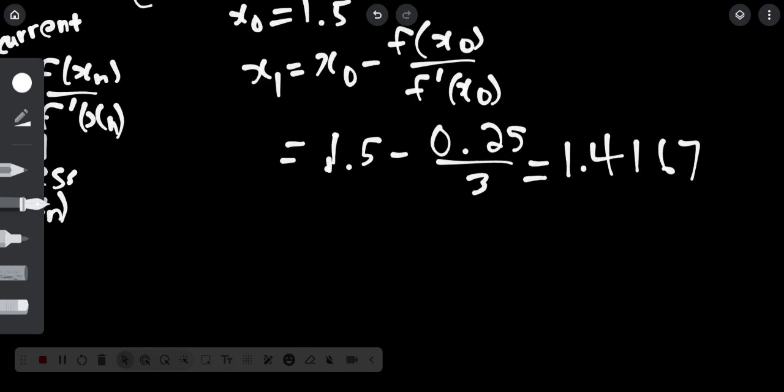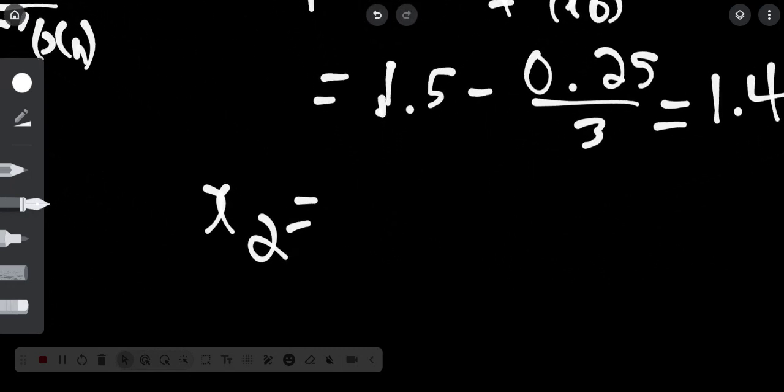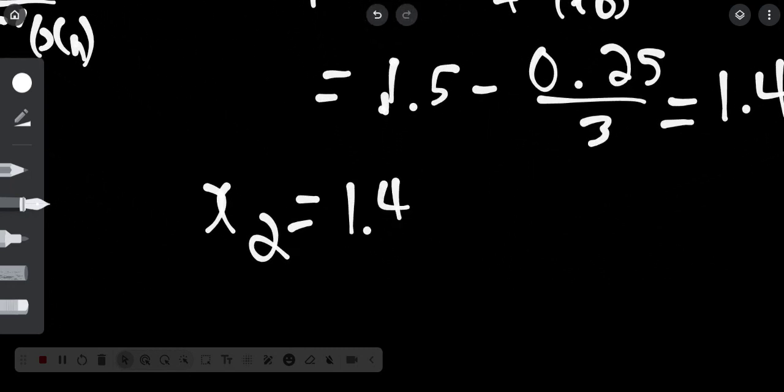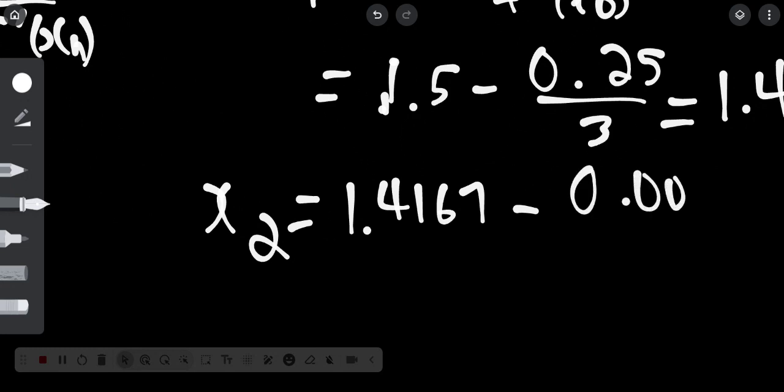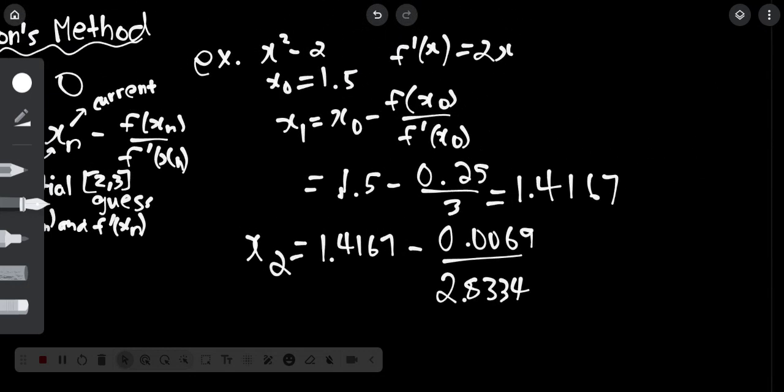So again, you would repeat this process. You would get that x sub 2 is equal to 1.4167 minus f of this number, which would be 0.0069, over 2.8334. And this 2.8334 is f prime of 1.4167.